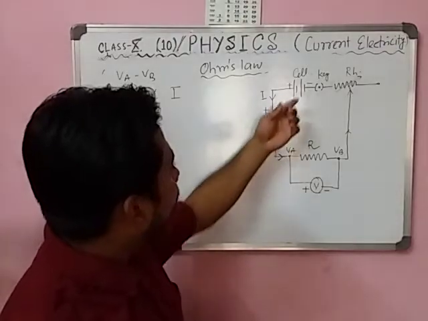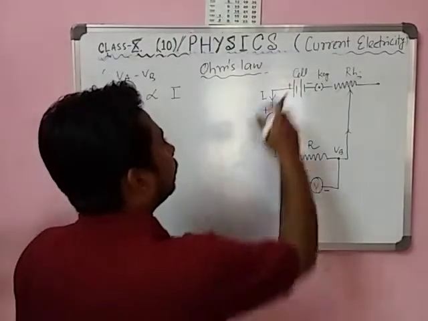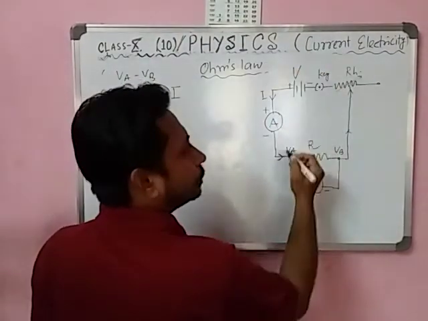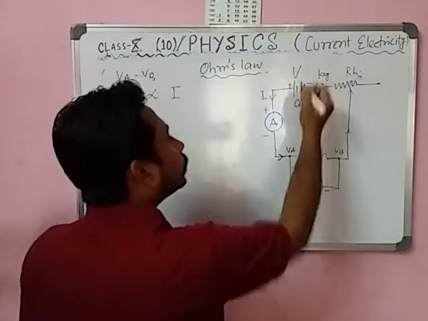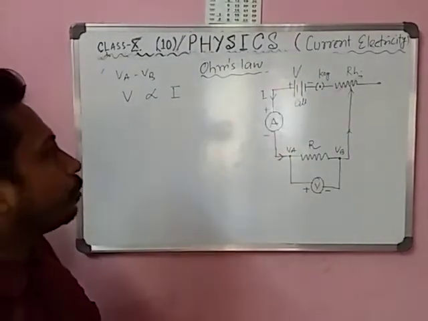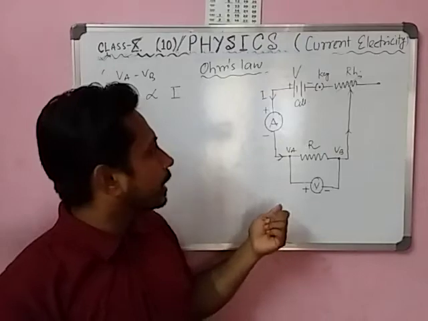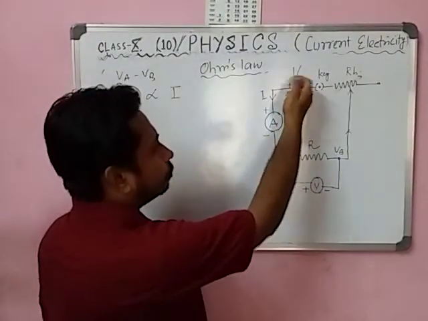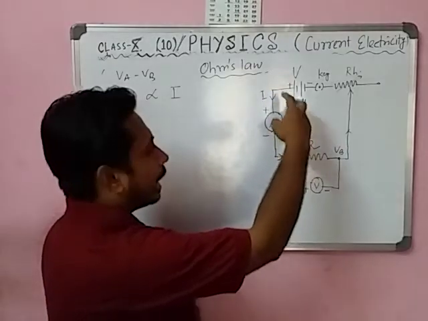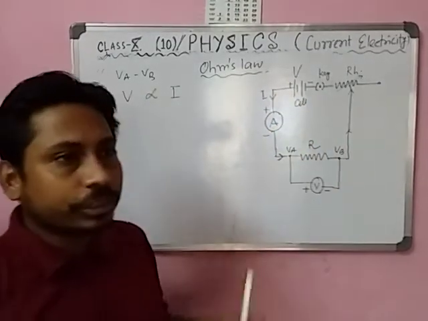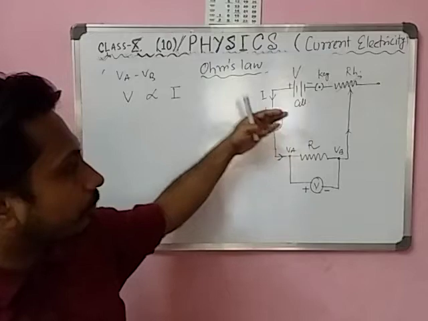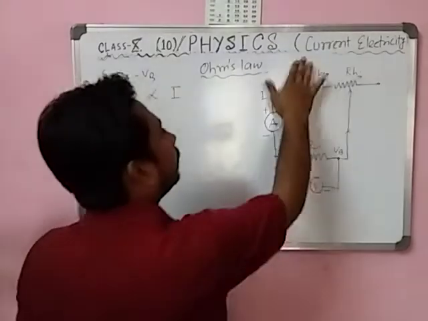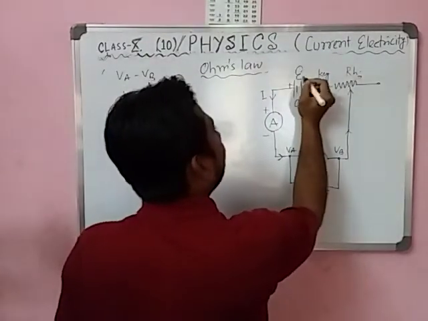It means if you increase the potential, see there is a cell, meaning there is a potential V. The cell actually gives the EMF, which I will discuss later on.